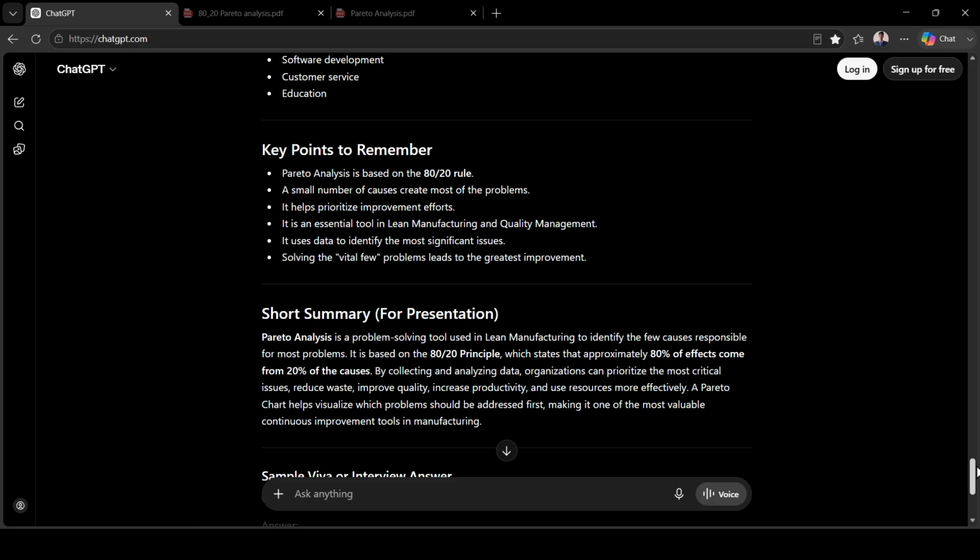By collecting and analyzing data, organizations can prioritize the most critical issues and reduce waste, improve quality, increase productivity, and use resources more effectively. A Pareto chart helps to visualize which problems should be addressed first, making it one of the most valuable continuous improvement tools in manufacturing.